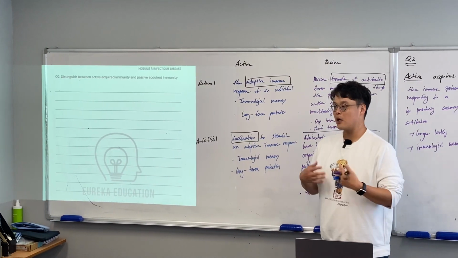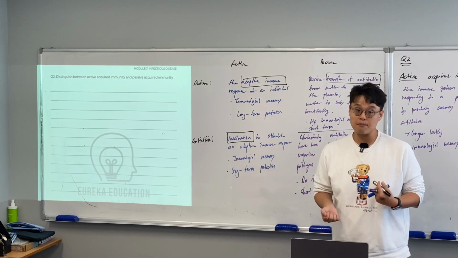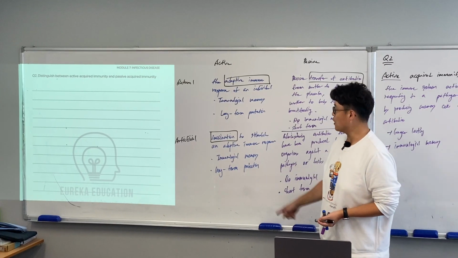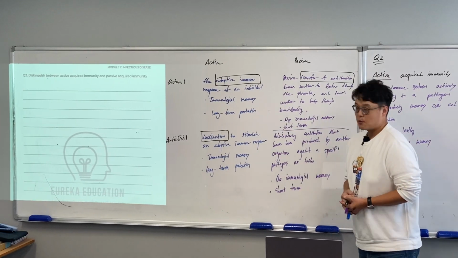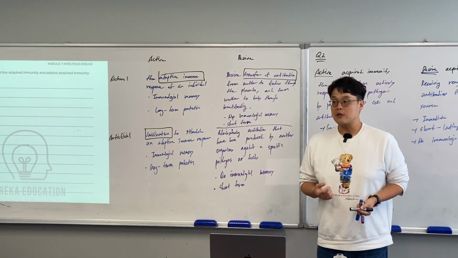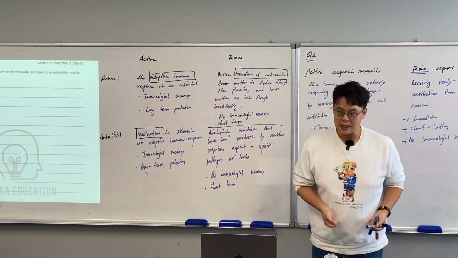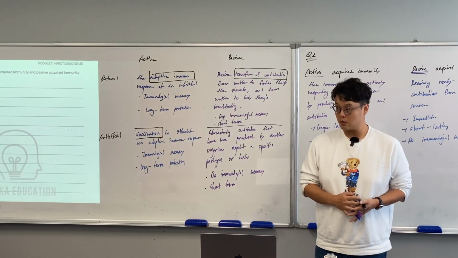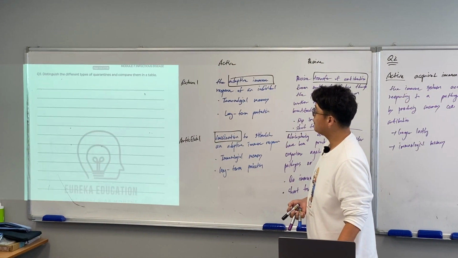Active means you're using your adaptive immune system, memory B and T cells. Therefore it's longer lasting and immunological memory remains. Passive is just a transfer of antibodies, whether from the mother to the baby or fetus, or injecting antibodies from foreign organisms. Okay, straightforward.